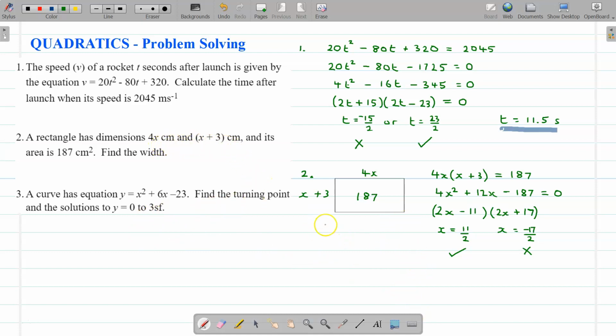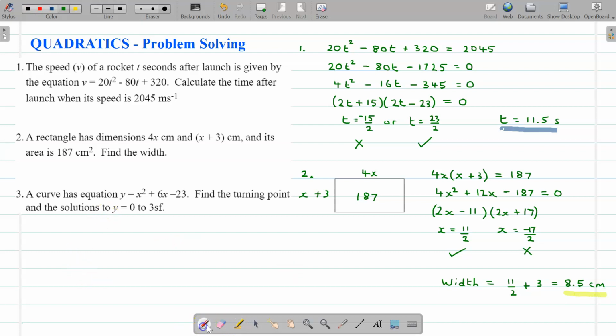Well, we can assume the width is the smaller of the two, so width equals x plus 3, which is 11 over 2, or 5.5 plus 3, which is equal to 8.5 centimeters. And this is where you reintroduce the units of measurement, in this case centimeters. Okay, and that's the correct answer for question 2.